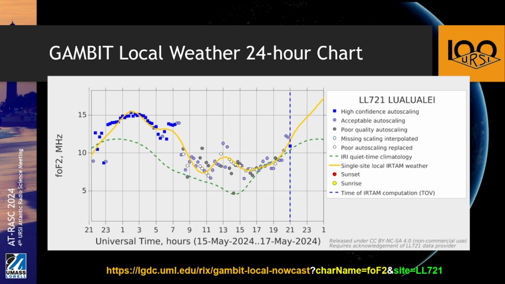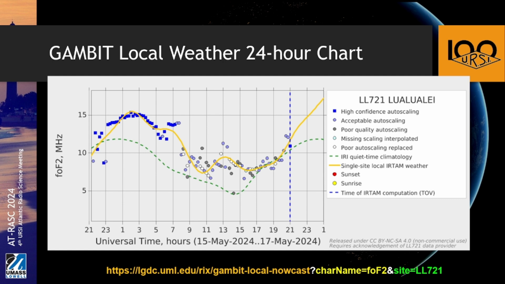Everything forward is a forecast. Everything backward is the result of overlaying three different things. The green line is IRI, that's your quiet time expectation. This is foF2, that's what it should be if there is nothing going on.